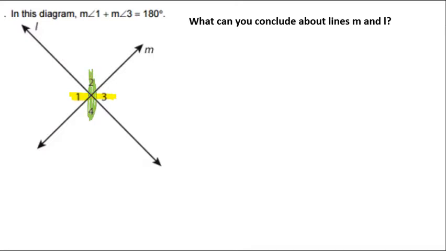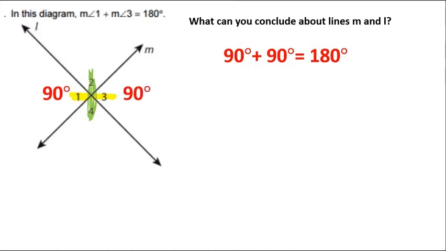And they tell you in the diagram that angle 1 and angle 3 together equal 180 degrees. So again, if two angles are the same and they both add up to 180 degrees, we could say here that 90 and 90 equals 180. So that means that angle 1 is 90 degrees. Same thing with angle 3 is 90 degrees, because they're congruent to each other, so 90 plus 90 gives us 180.